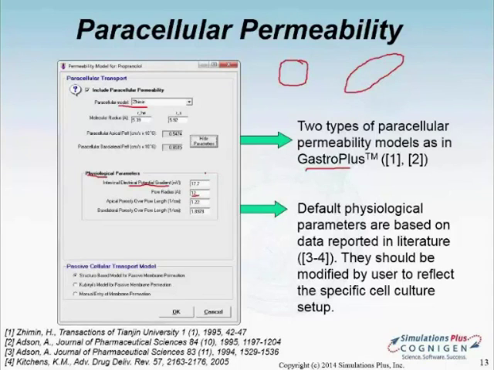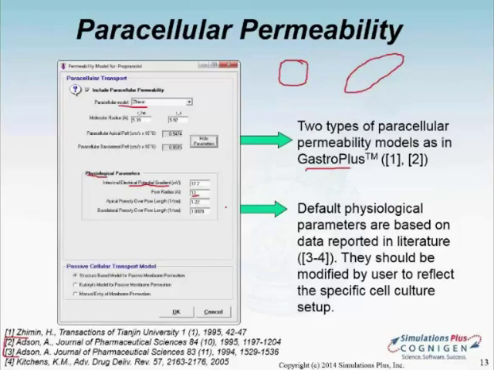We did incorporate default parameters based on the data reported in literature, mainly based on the Adson's papers, but these are parameters that you really should be modifying based on your systems.